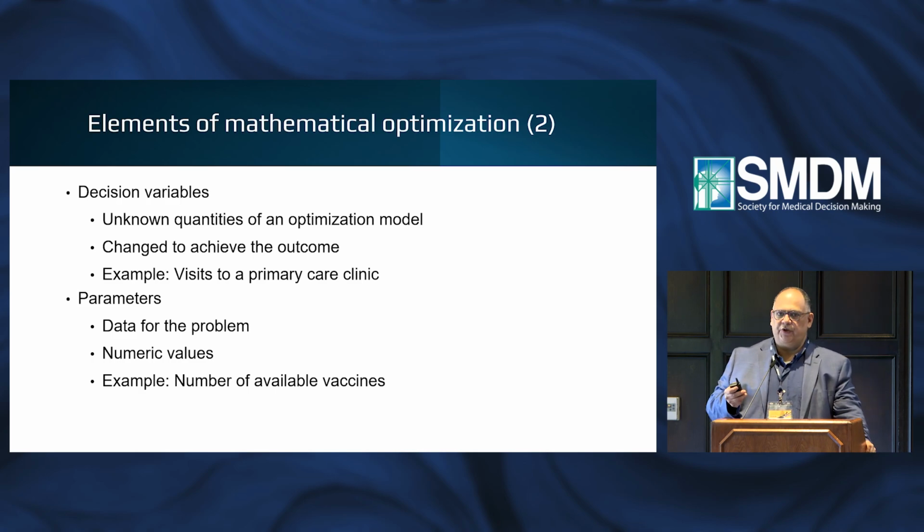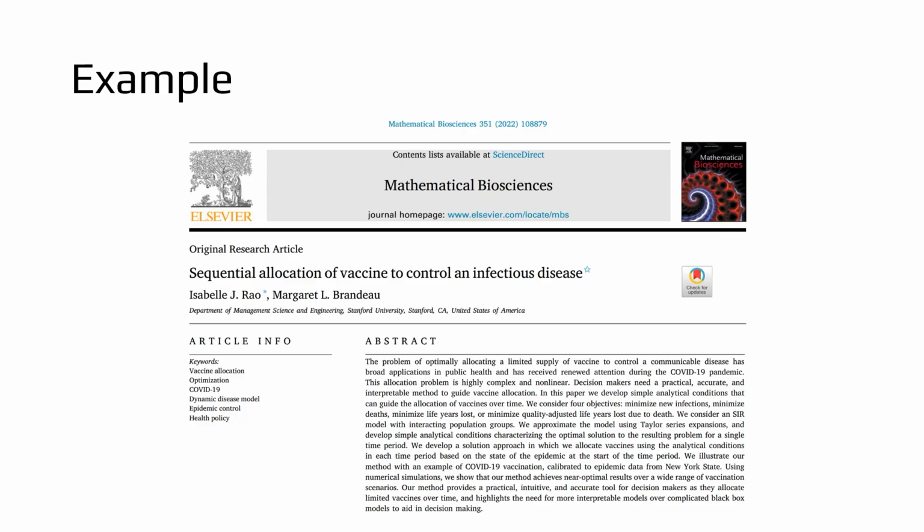So I'm just going to show you a few published examples of optimization to show you that people actually do this in real life. And sometimes it's actually used for decision making. This was a paper by Isabel Rao and Margaret Brando, 2 of our society members, that looked at the sequential allocation of vaccines to control an infectious disease, right?